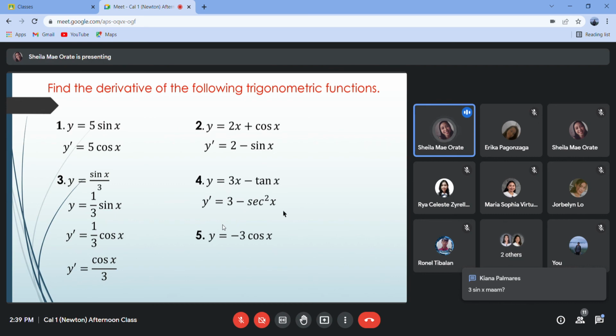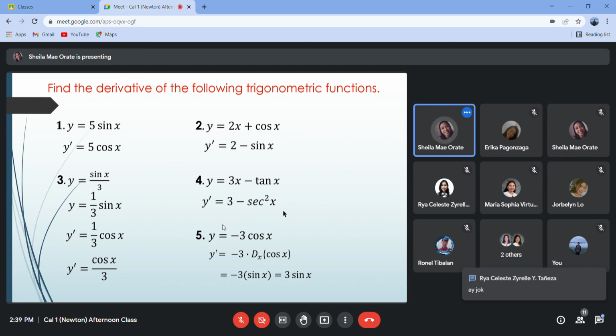Okay, so ang answer ni Kiana is 3 sine x. Okay, very good. Our derivative sa negative 3 cosine x is 3 sine x.